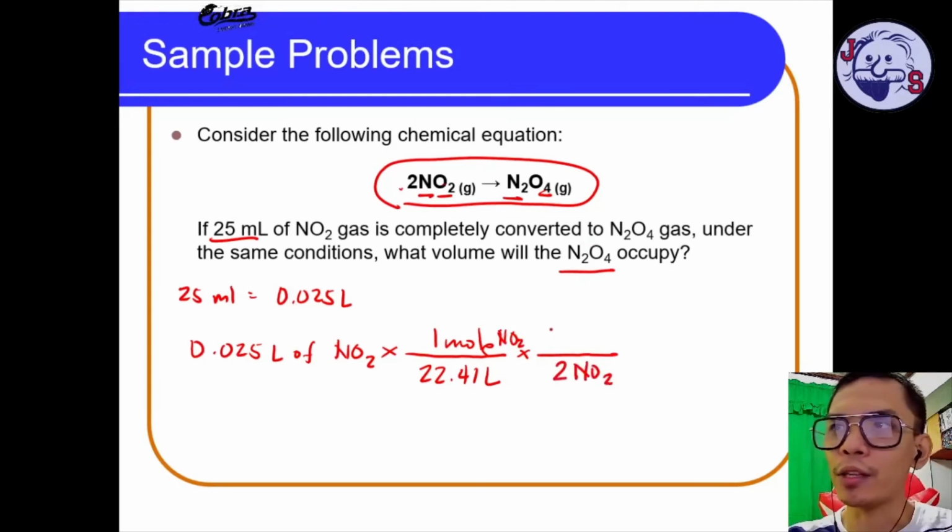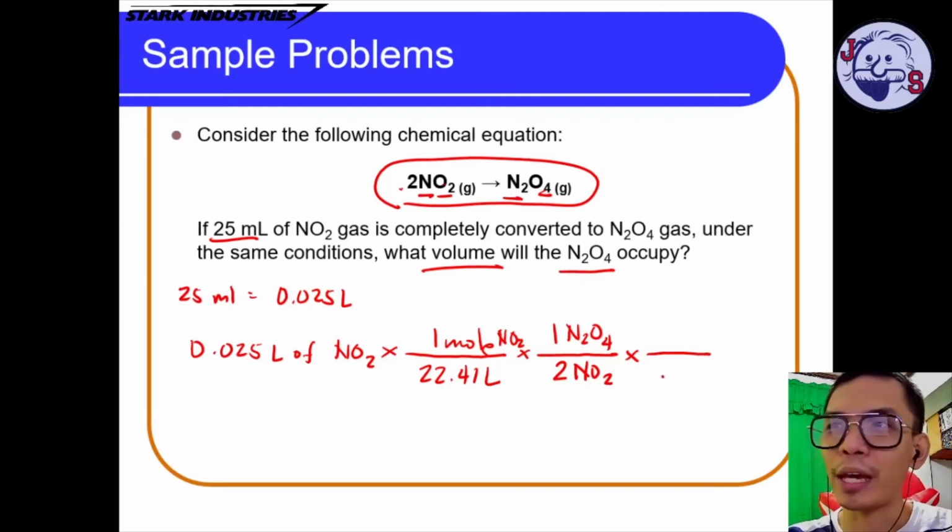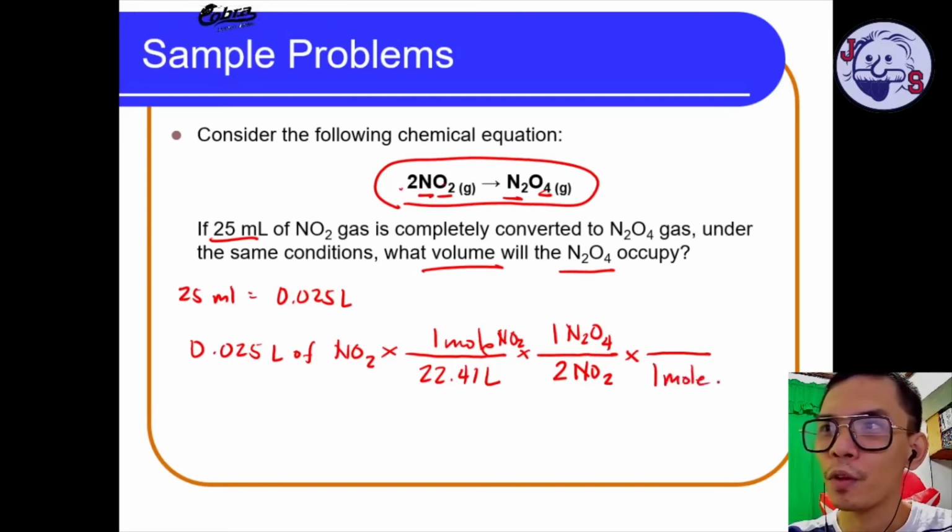Okay, and the one on top is the 1 N2O4. Then multiplied to, going back again to the molar volume, since we are looking for the volume only, so we are not looking for the mass, so volume again. So we can use 1 mole of N2O4 over here.